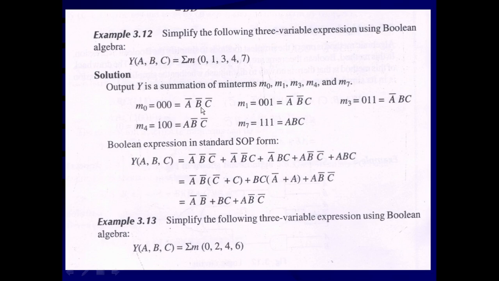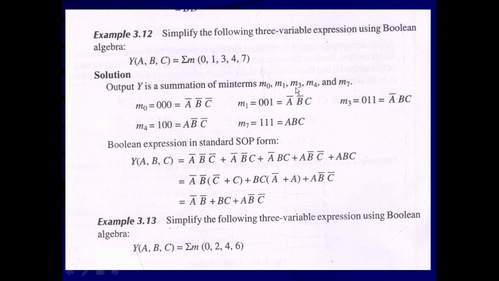So A bar, B bar, C bar is the min term M0. Similarly for the min term M1, which is 0 0 1, for this 0 we write A bar, for this 0 we write B bar, and for this 1 the variable C is uncomplemented, so it is C. So A bar, B bar, C is the min term M1.